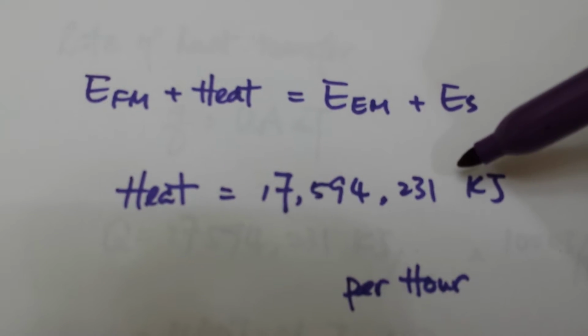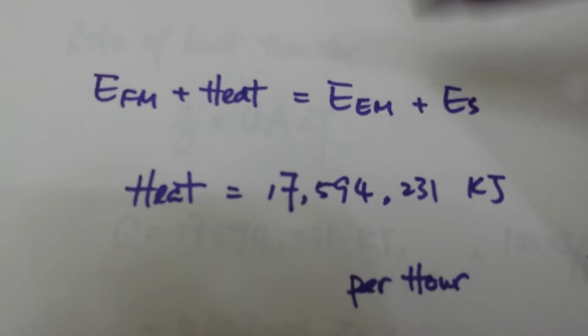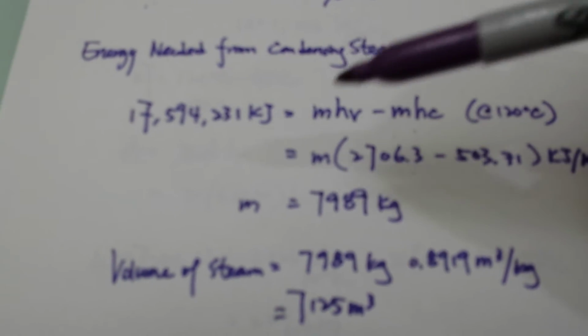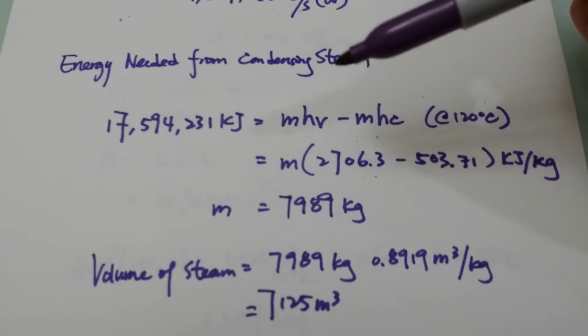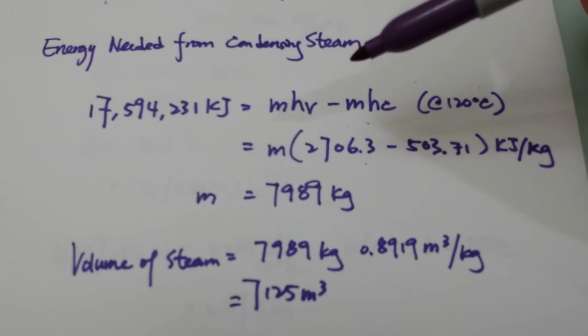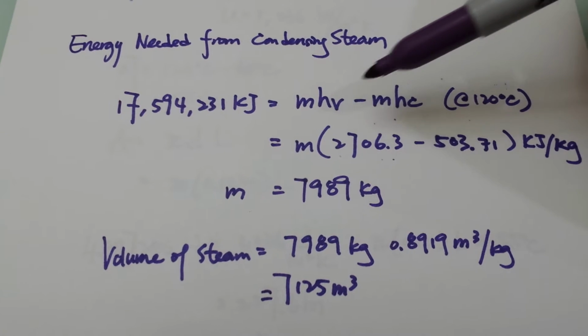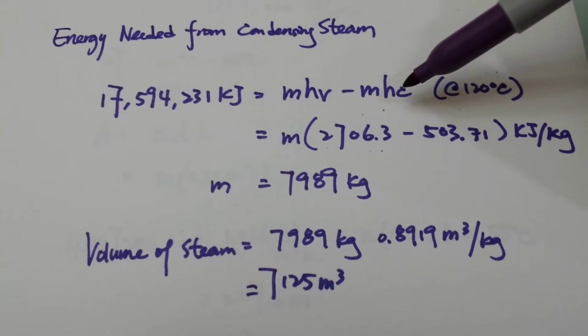So this is how much steam we need. Sorry, I had to skip ahead. This is the amount of energy we need from our condensing steam. The steam is giving us all of its energy from vapor to liquid.